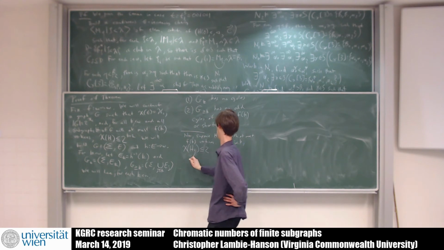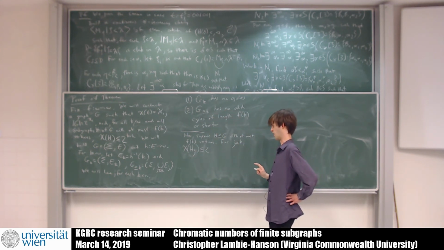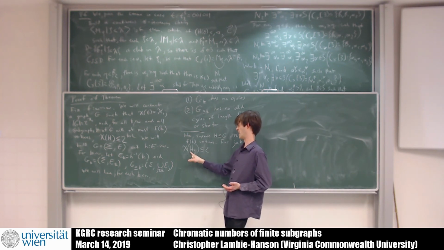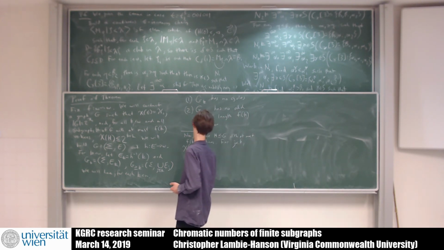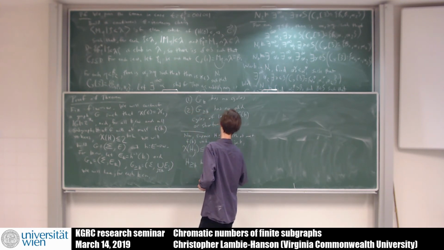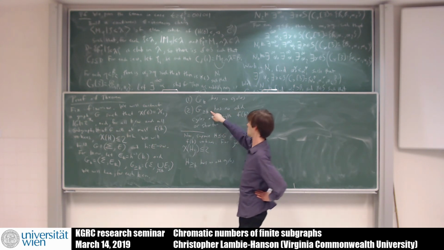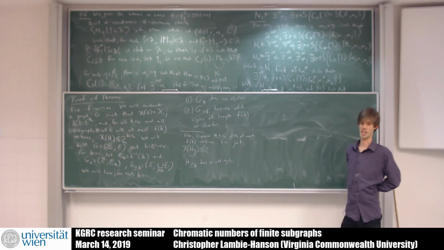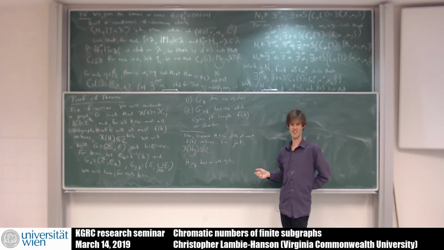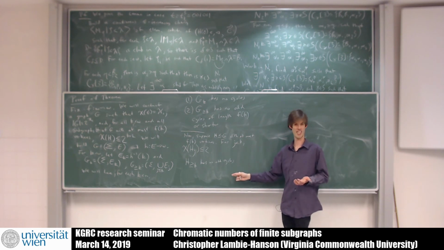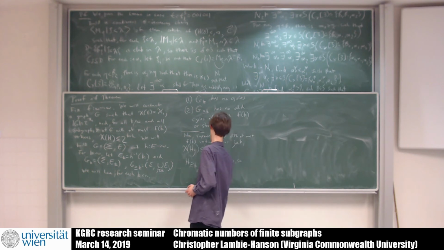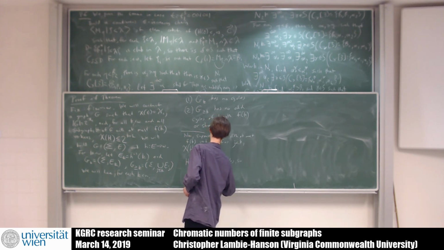And the rest of the edges are all in H greater than or equal to k. H greater than or equal to k has no odd cycles, because G greater than or equal to k has no odd cycles of length f of k or shorter, and H has at most f of k vertices, so there are no odd cycles there. So it's also bipartite and has chromatic number at most 2. So say it again, why? Yeah, G has no short cycles.